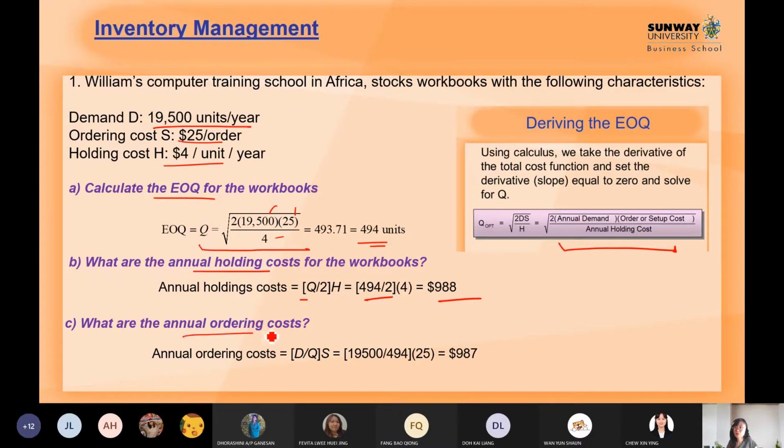What are the annual ordering costs? Demand divided by quantity multiplied by S, the ordering cost. Once you know the formula, you can easily fill in the numbers.